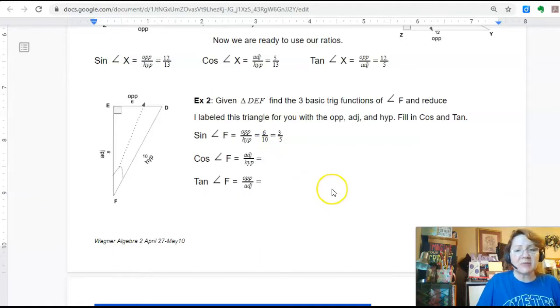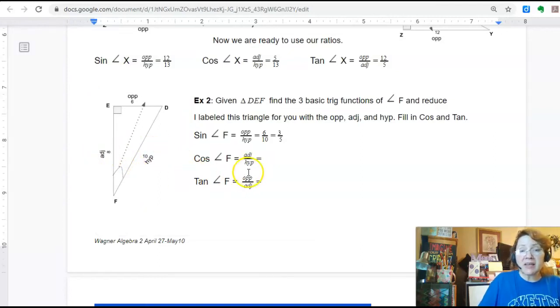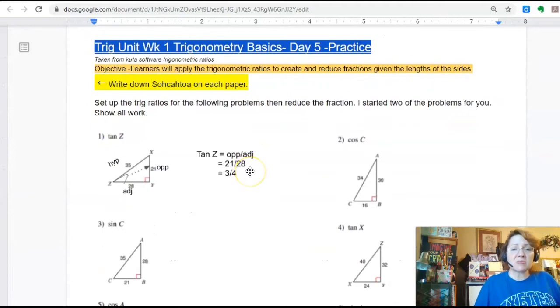It looks like it's not allowing me to type anything right now. My tangent is opposite over adjacent, so that would be 6 over 8, and I'd have to reduce it. It looks like it's allowing me to do stuff now. Good. But I'm going to go down here so I don't waste too much of your time.